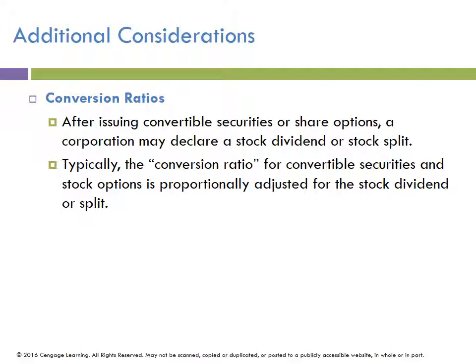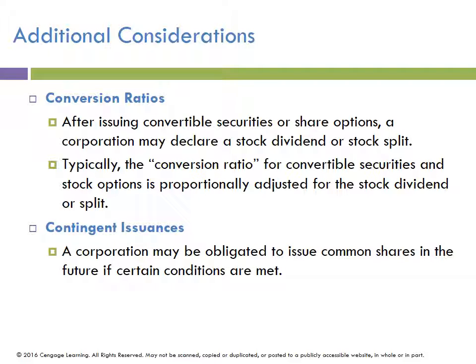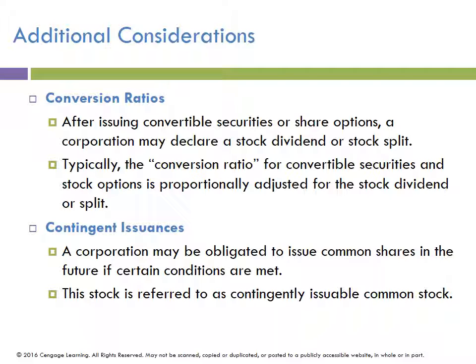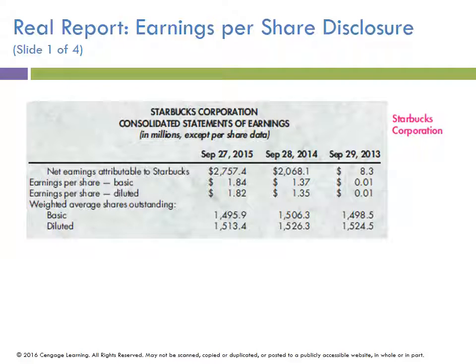In other words, if you are assuming in your diluted earnings per share calculation that the items were converted as of the beginning of the year, any stock dividends or splits would have affected it. So you would need to double or triple those shares. Contingent issues: a corporation may be obligated to issue common shares in the future. The stock is referred to as contingently issuable common stock. So you need to keep those in mind.